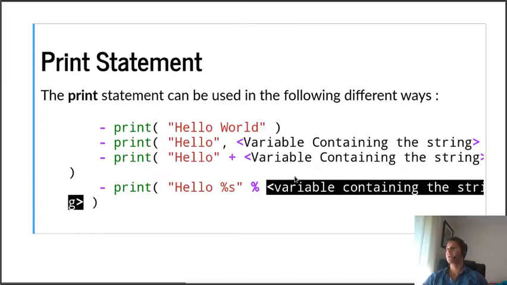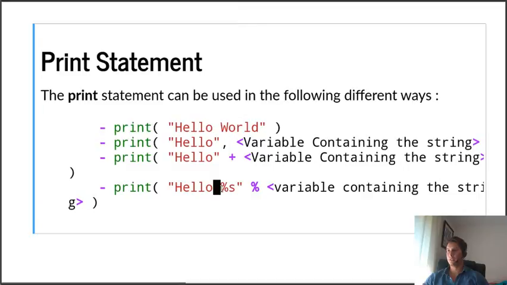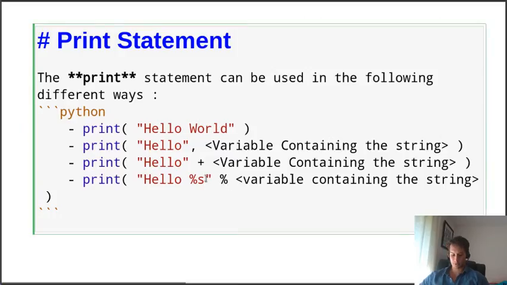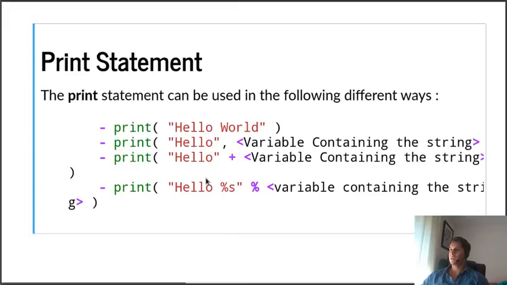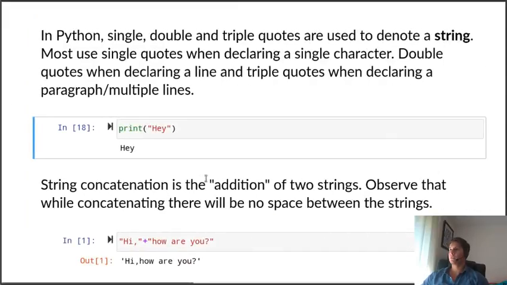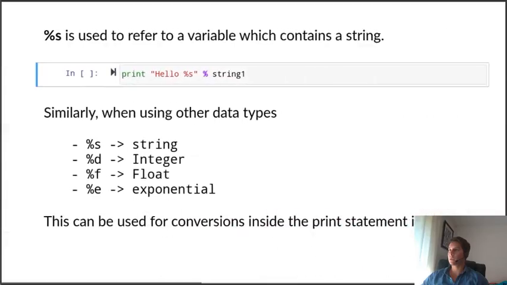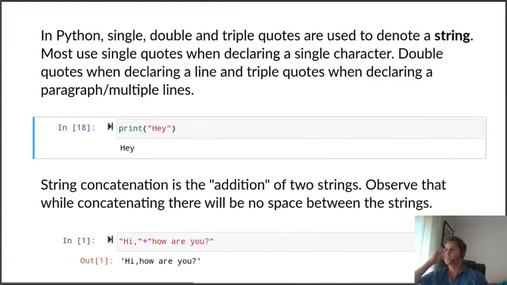For example, if this variable is 2, you will say hello space, because there's a space here, and then replace all this by 2. And you can change it with a lot of different types that I think I explained later.